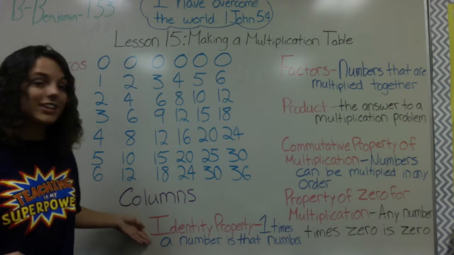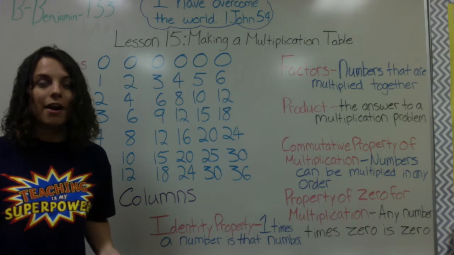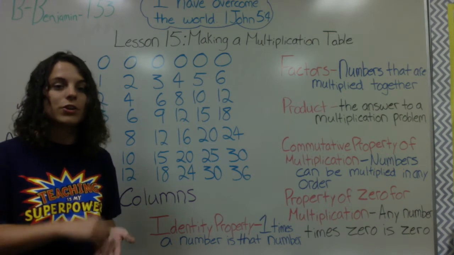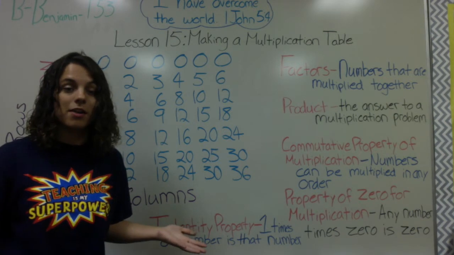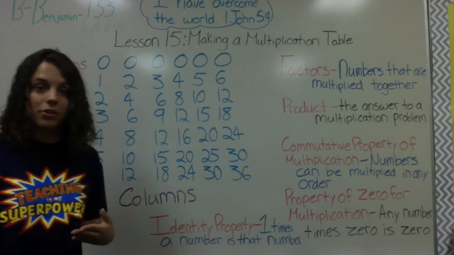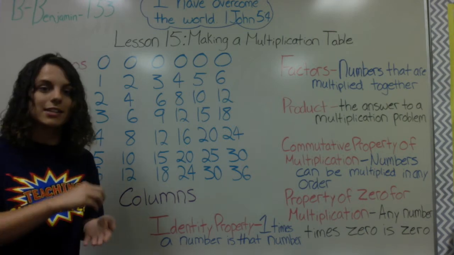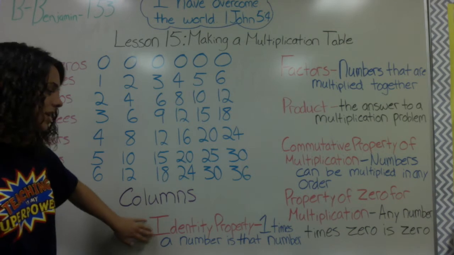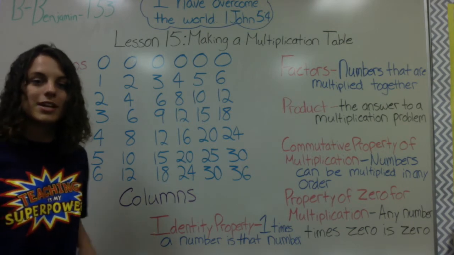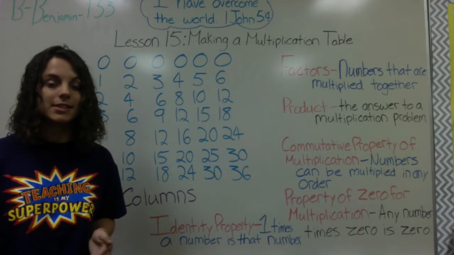So when you have the identity property of multiplication, 1 times any number is going to be that other number. 1 knows his identity. He's like, you know what? I'm cool. I don't need to be in the spotlight. The other number can have the spotlight. It's going to honor them, it knows its identity, it's confident in who it is, it doesn't need to be the center of attention.